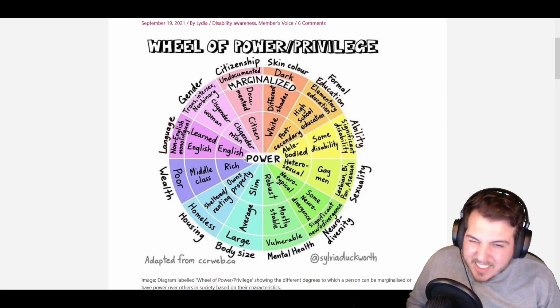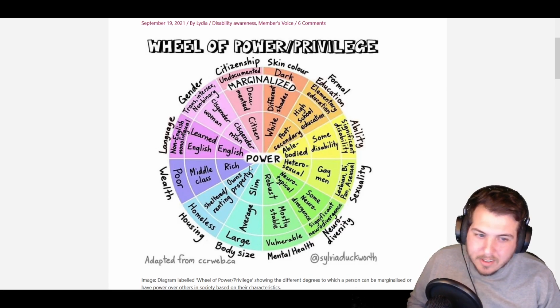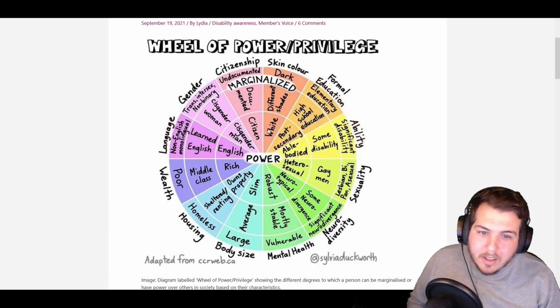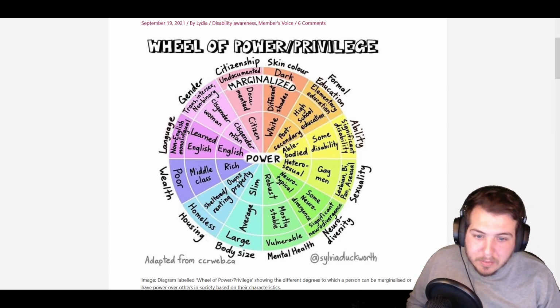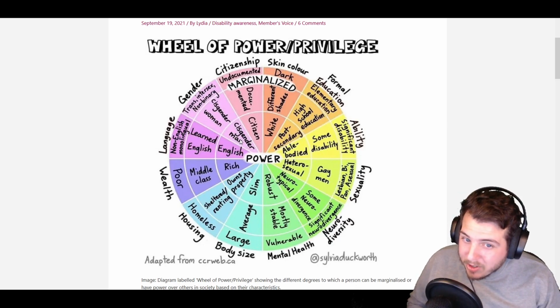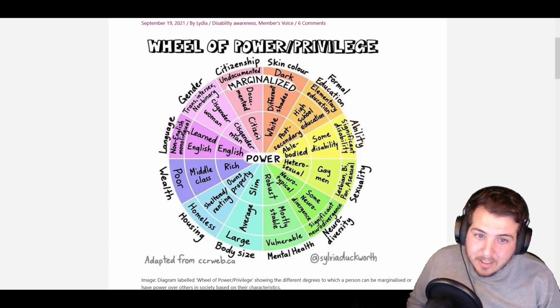So right in the center there, power. Everything here equals power. White, post-secondary, able-bodied, heterosexual, neurotypical, robust, slim, owns property, rich, English, cisgender male, and a citizen.